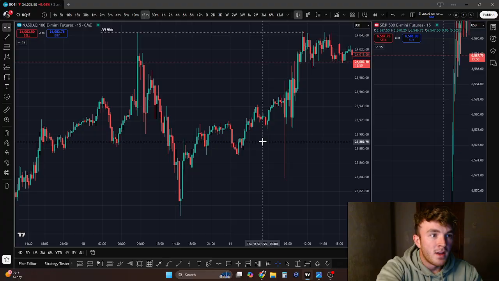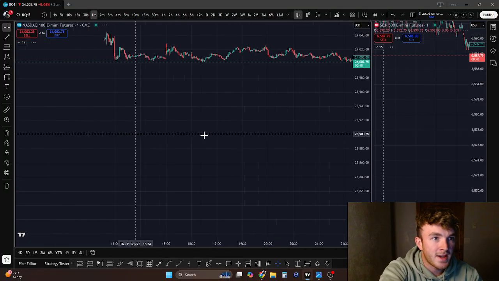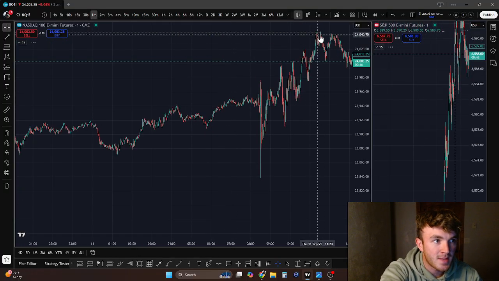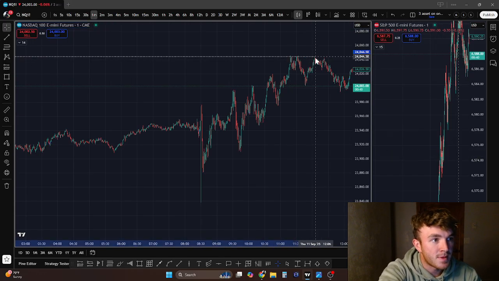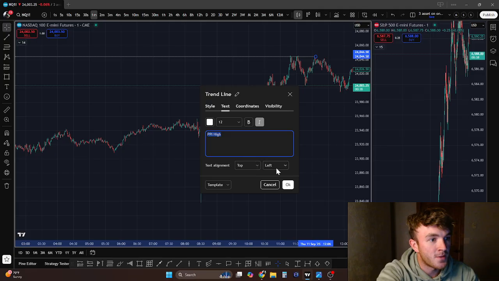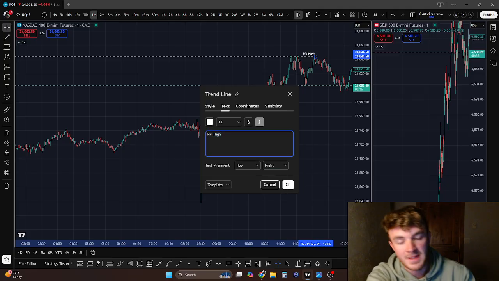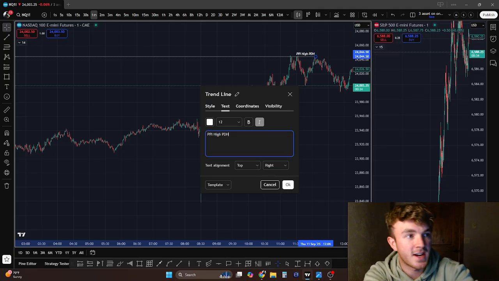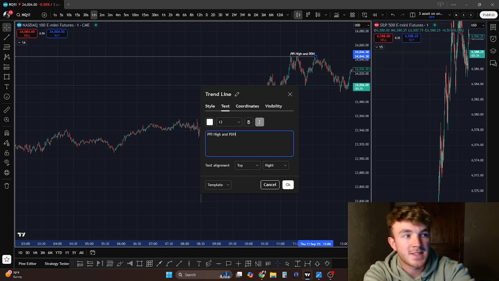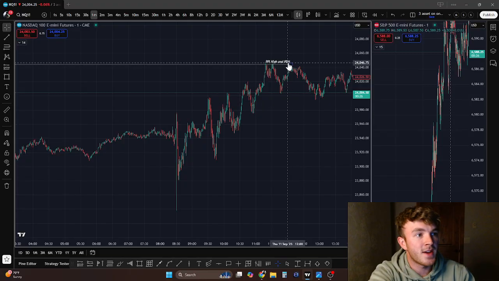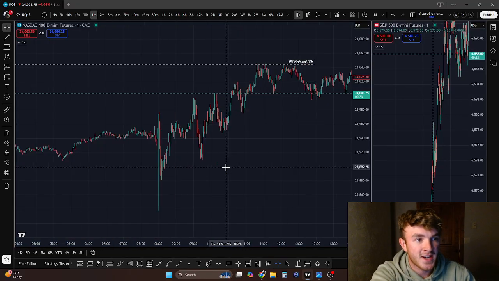So today we had CPI, and so once again, keep in mind that this was kind of the spot the market was drawing to, because not only was this a PPI high, but it was also a previous day's high, right? So two incredibly strong draws on liquidity at the same exact point, a news event high and a previous day's high.